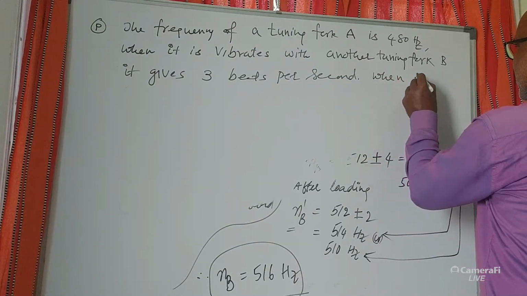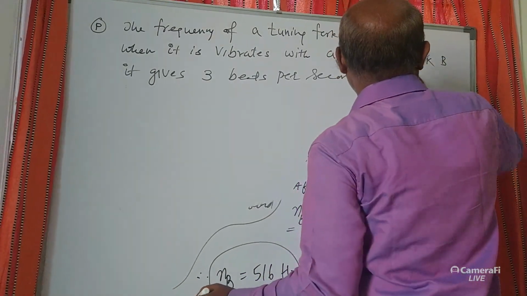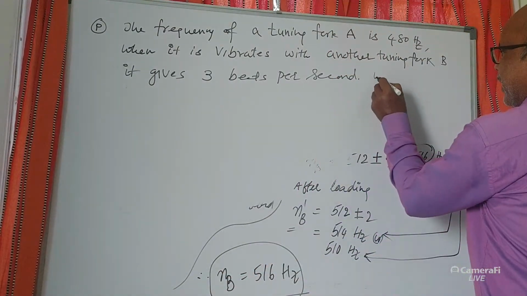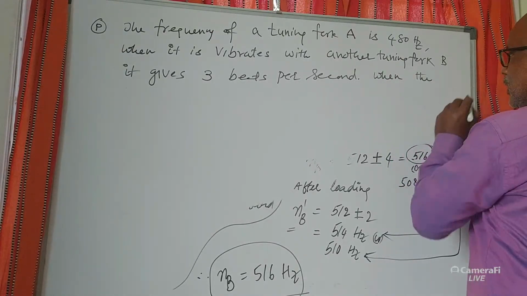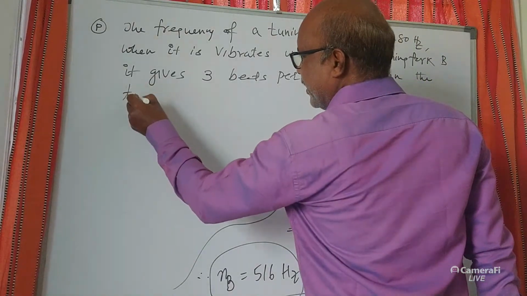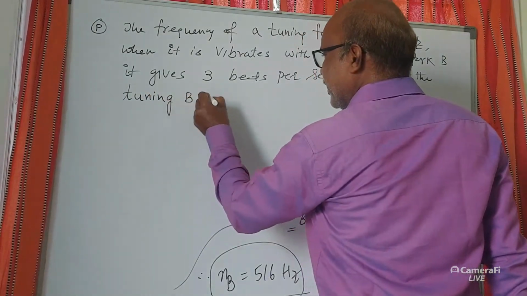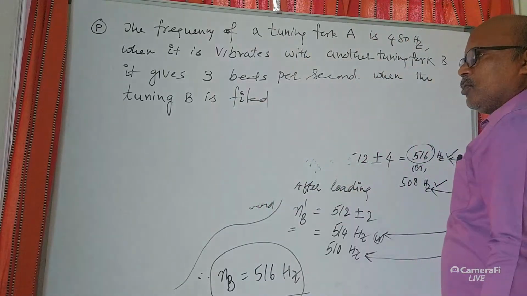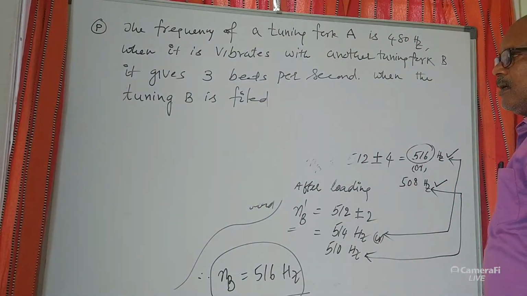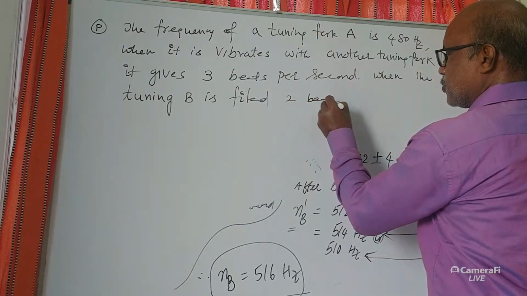When the tuning fork B is filed, 2 beats are produced per second.